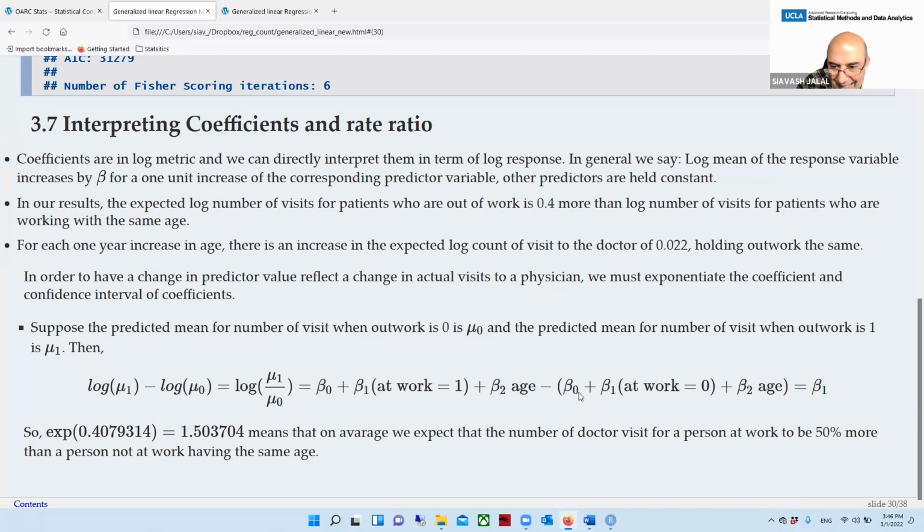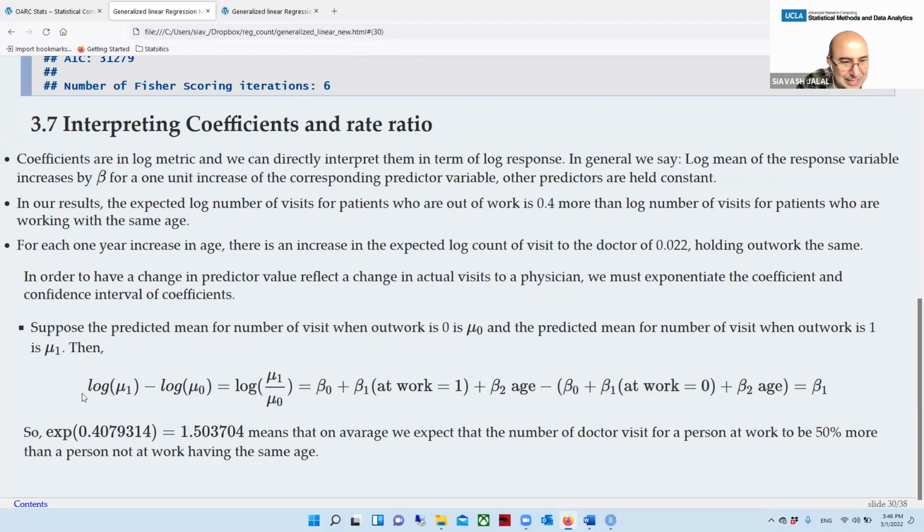If we do that, then everything cancels, and B1 will be left, right? Because at work is 1 minus 0. So you get this coefficient.